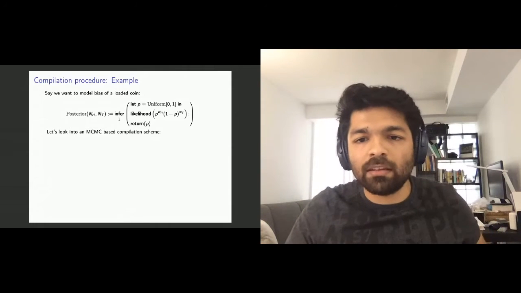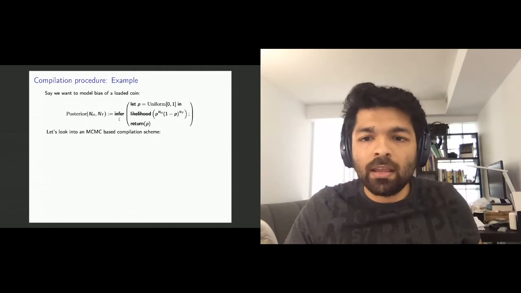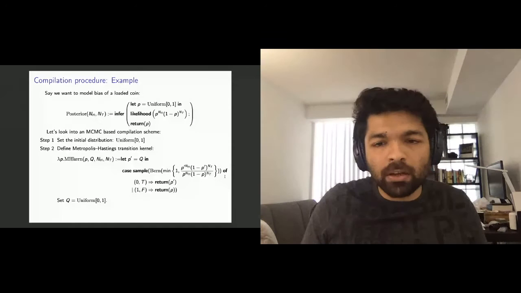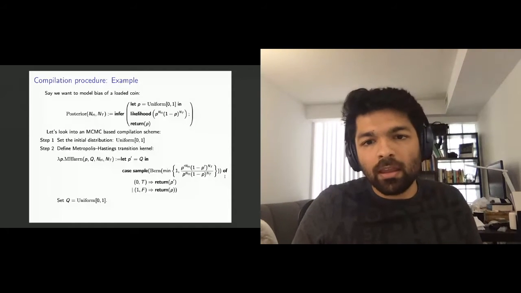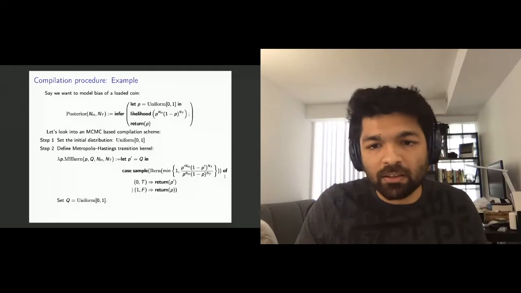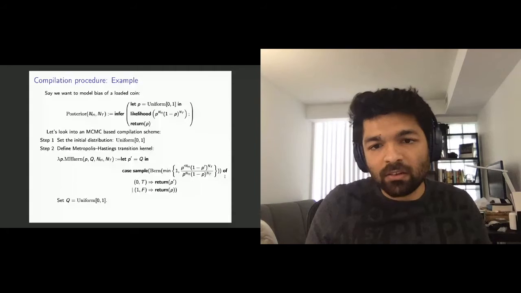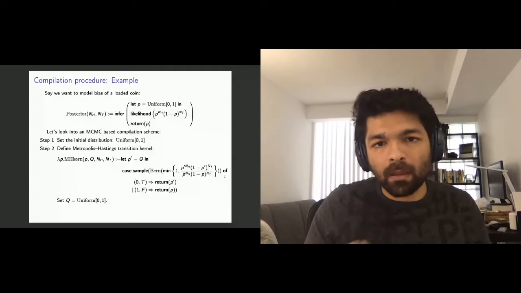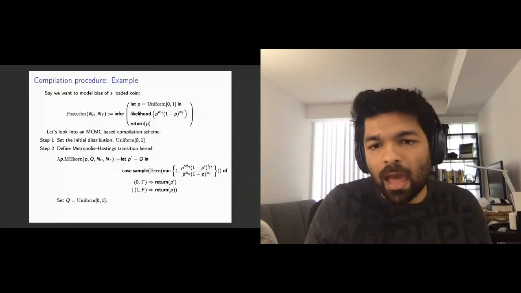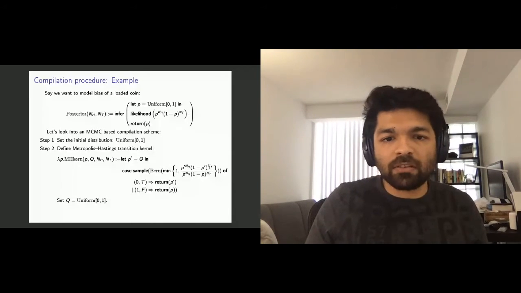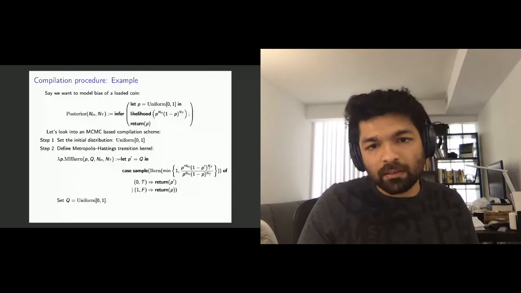And the main detail is with what probability do I accept or reject this proposal. This proposal in our example is accepted or rejected with this particular probability, which is designed such that it leaves the true posterior invariant. This particular scheme is how most of these probabilistic languages essentially compute Metropolis-Hastings based approximations.